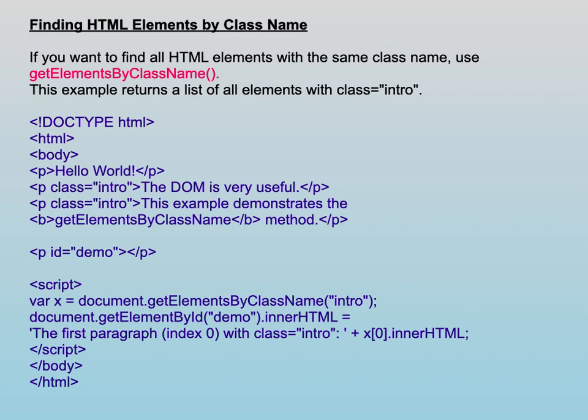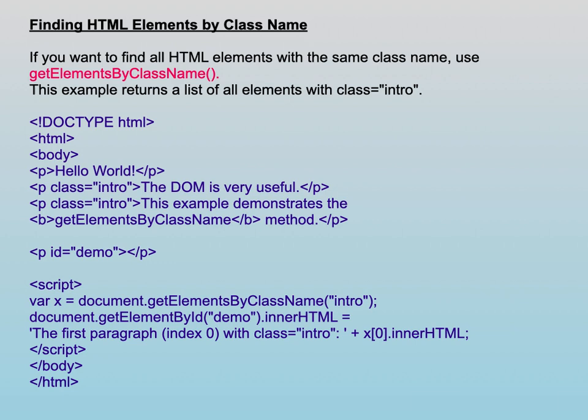In our script, var x is equal to document.getElementsByClassName intro. So document.getElementsByClassName will search for all the elements with the class name set to intro. So here we have 2 paragraph elements with class equal to intro.